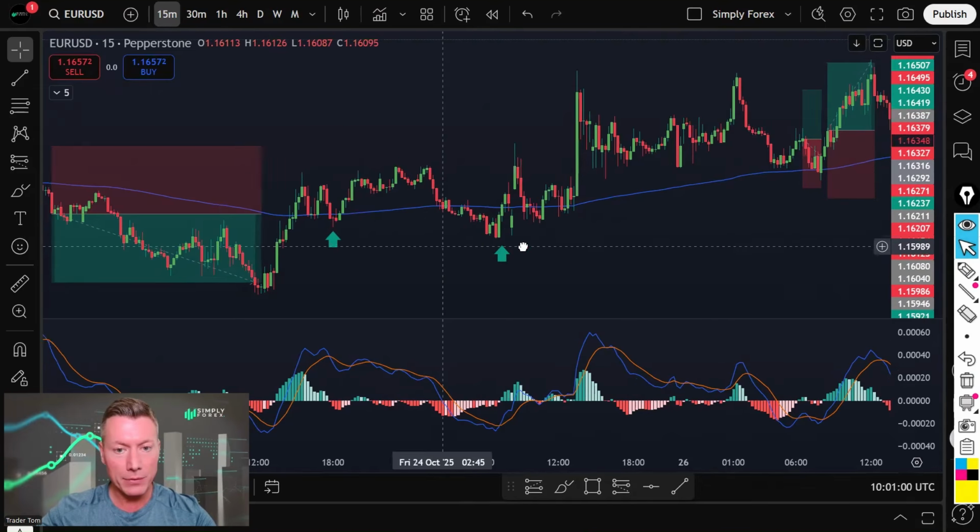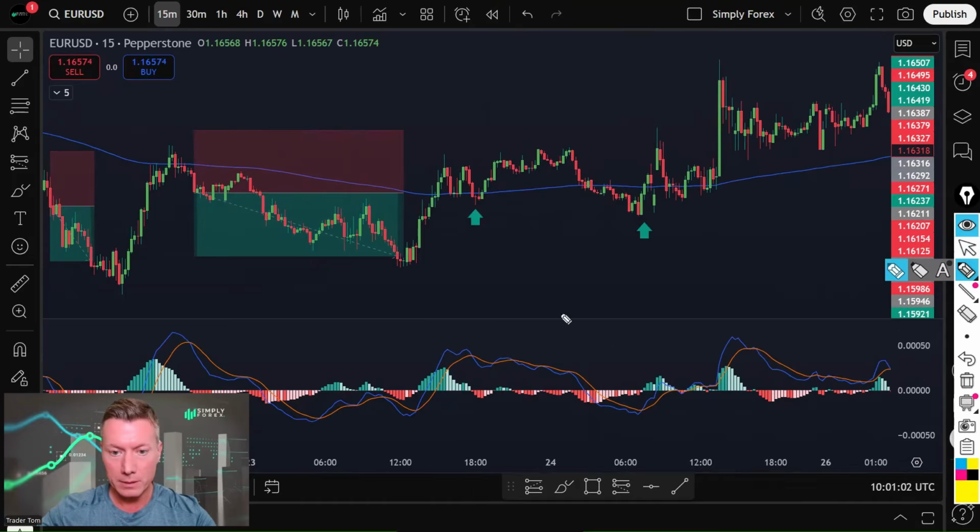We have the same thing here, guys, right? So we get our crossover right here. And on this candle right here, we technically are trading below the exponential moving average 200. But again, do you really want to take that trade so close to the EMA? No. So that goes back to my point, guys.